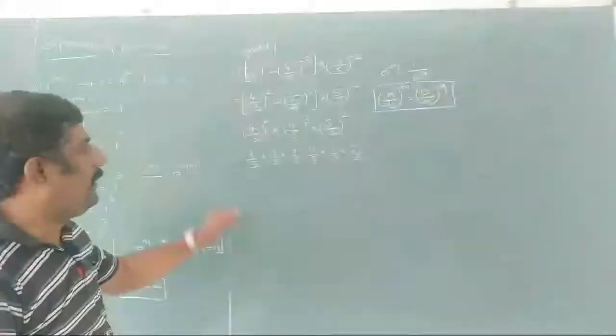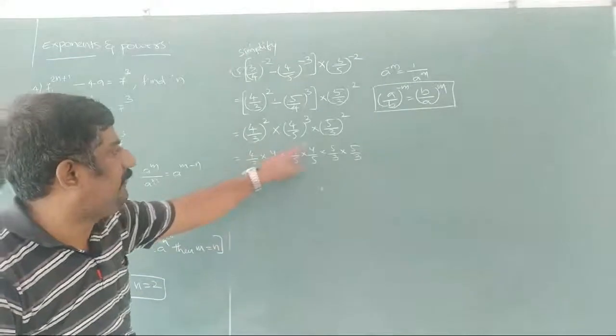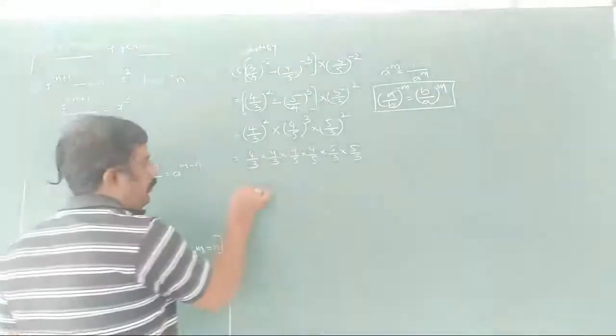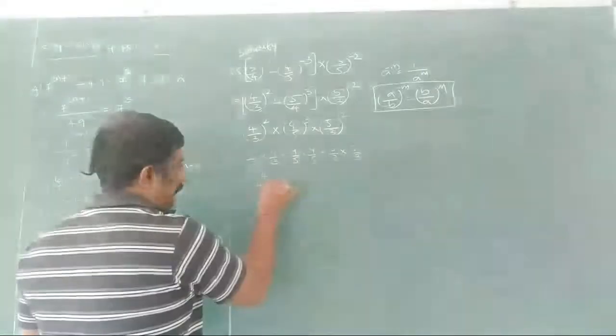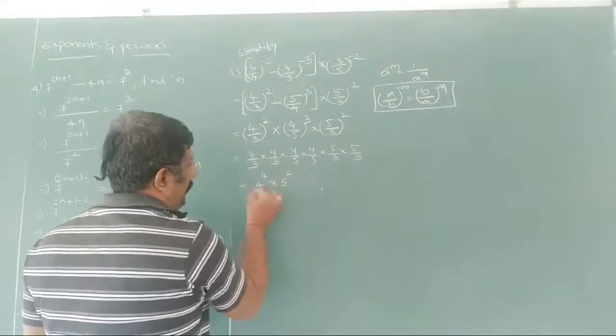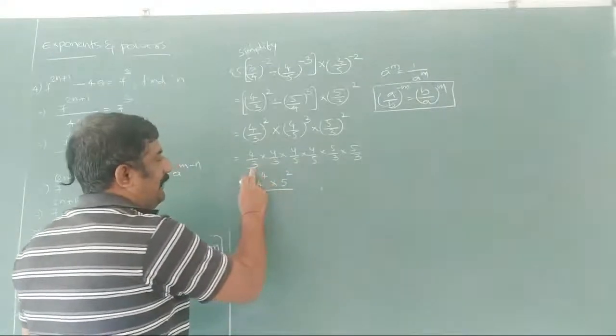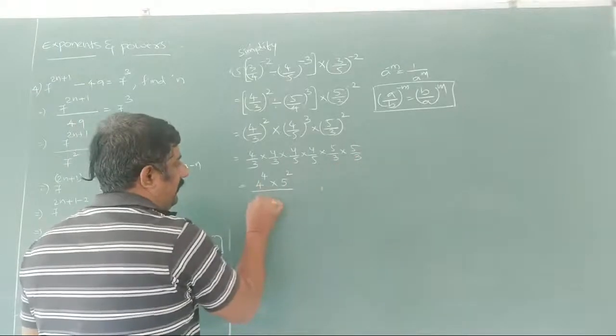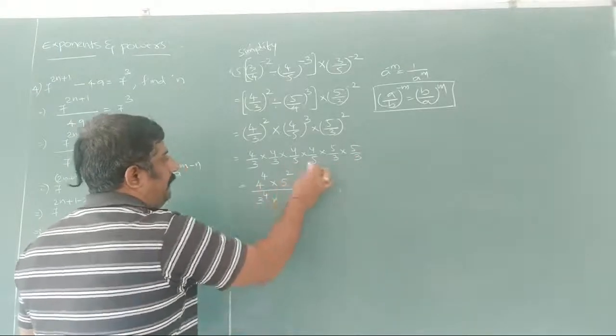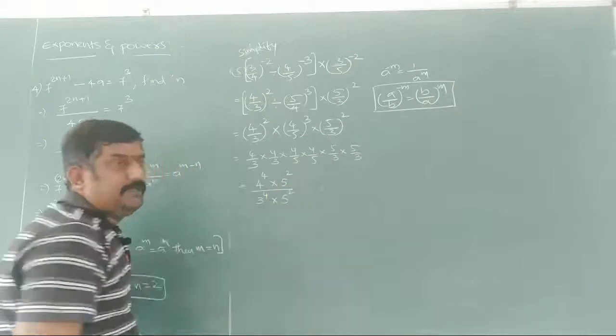What you are observing here? 4 to the power of 4 into 5 to the power of 2 by, how many 3's are we finding here? 1, 2, 3, 4. 3 to the power of 4 and 5 square we are finding here.